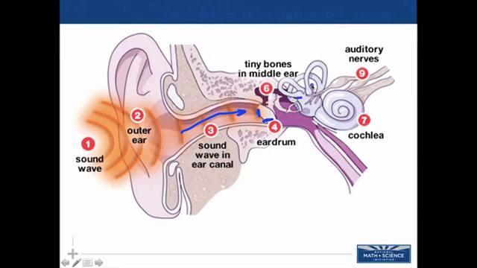The fluid inside the cochlea is going to vibrate, and a series of tiny hairs inside there are going to be stimulated, and they are attached to the auditory nerve. That auditory nerve then sends the signal to the brain, and the brain processes those signals as sound. And so that's the basics of how we hear.